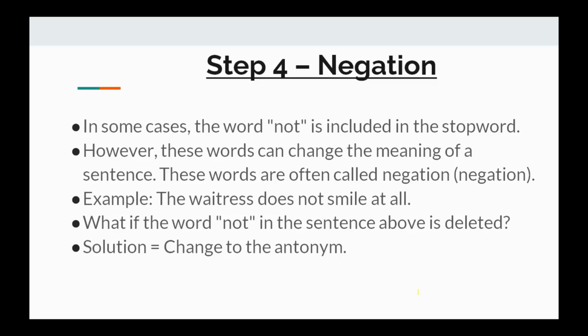What is the solution? The solution is to change it to the antonym. For example, imagine there is a sentence: "Baju yang dia beli tidak bagus." The system must detect where the word "tidak" is located.